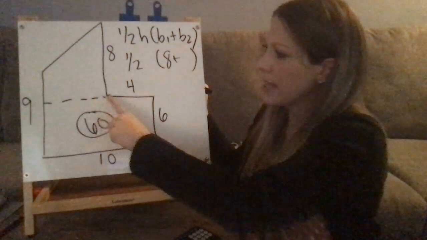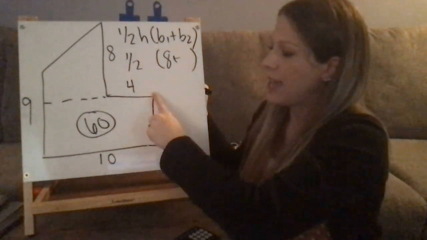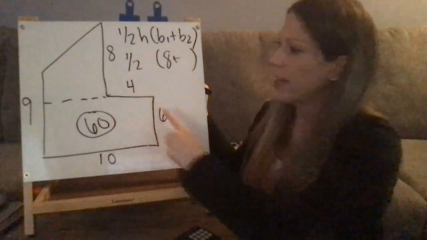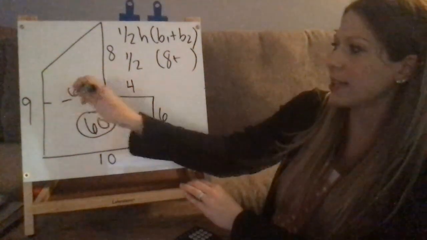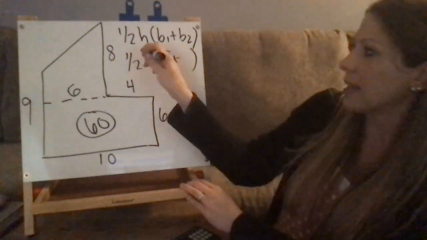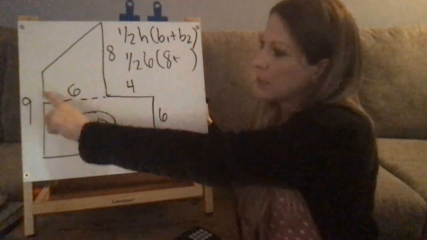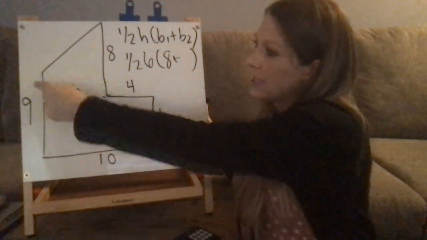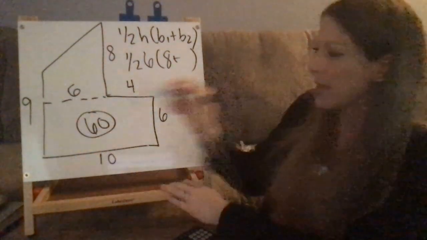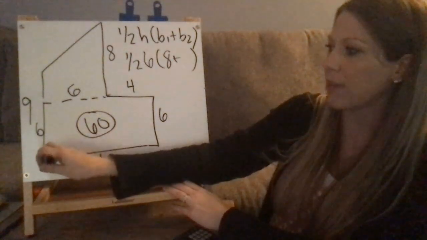So here's our height. Because I know this whole distance is 10, and this part is 4, that must make this part 6. So the height of that trapezoid is 6. We're going to use that same logic to figure out this little piece right here. I know this whole side length is 9, and this much of it was 6, because that's part of our rectangle.